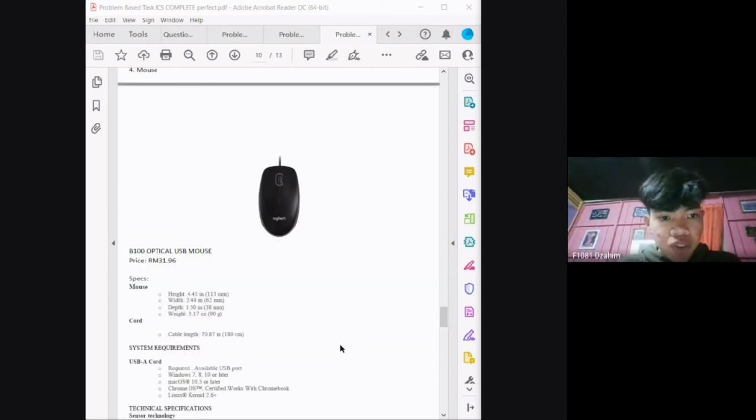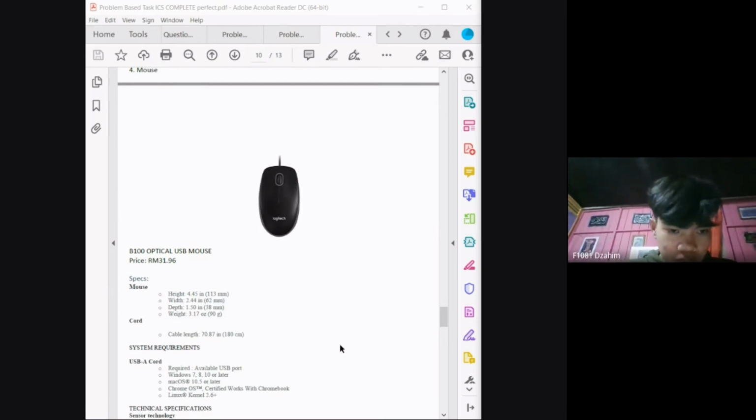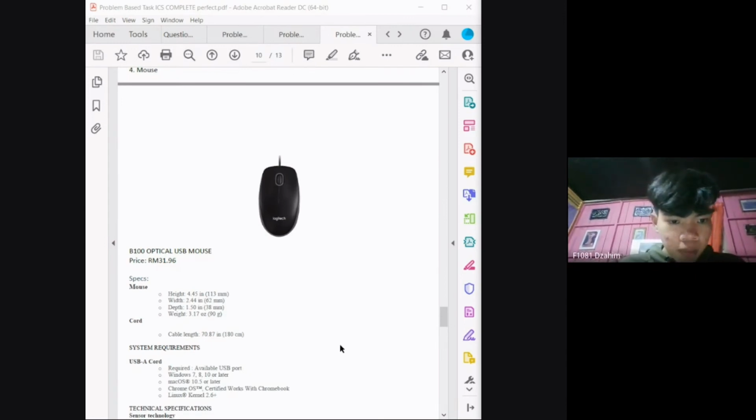For mouse: B100 optical USB mouse, the price is 31.96 ringgit Malaysia. The spec is mouse height 4.45 in, 113 mm. The width is 2.44 in, 62 mm, and the depth is 1.15 in, 38 mm.